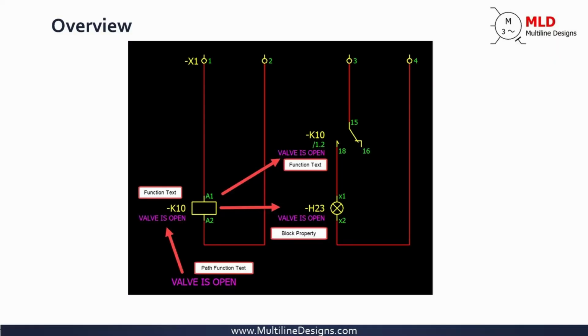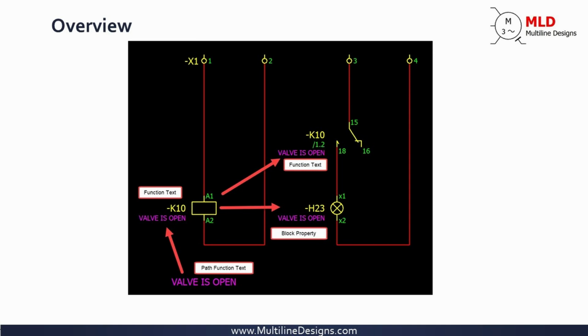Okay, let's take a moment to review what we're about to do. I have this little demo circuit that I've created. It's an IEC. Don't get your feathers up if you're an NFPA guy. All the stuff I'm going to show you works exactly the same way. What we're going to do is create what's called path function text, and it is text that within the schematic announces basically what the function of the circuit is, right?